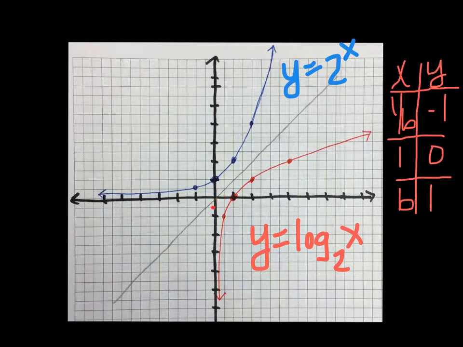So this point would be 1 over b, negative 1. This point would be 1, 0. And this point would be b, 1. And b can be any number, but in this case, b happens to be 2.